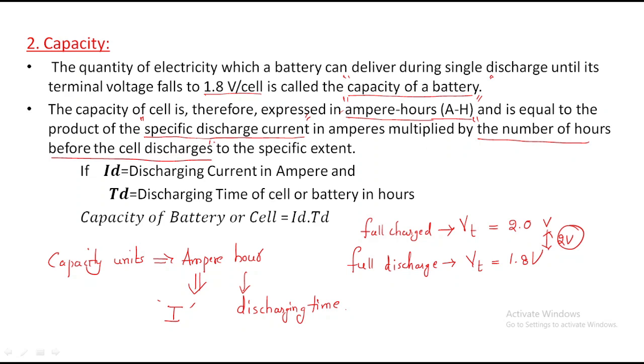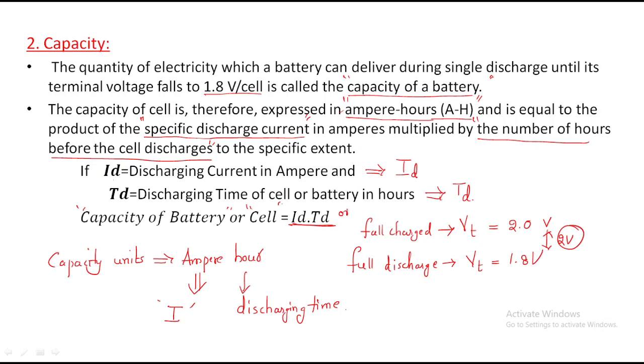If ID is the discharge current in amperes, generally you take I suffix D. TD is the discharging time of the cell or battery in hours, represented with T suffix D. Then the capacity of the battery or cell is ID into TD.